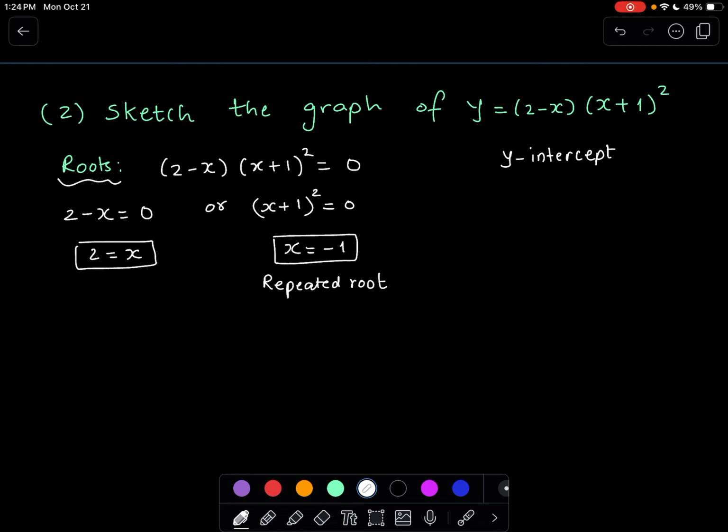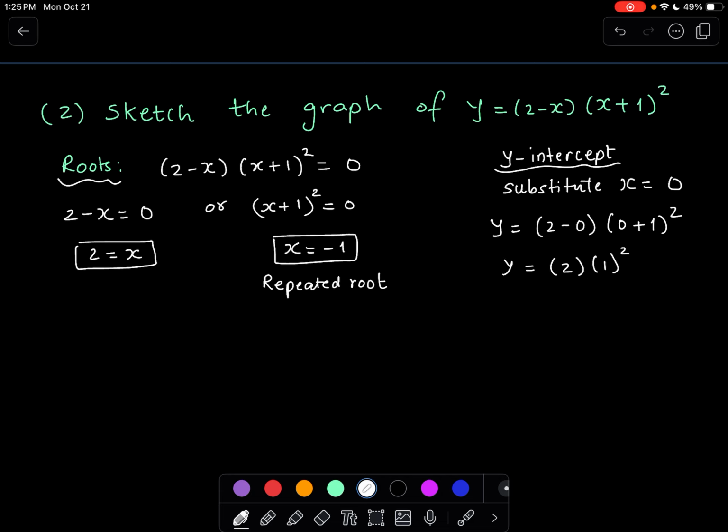To find the y-intercept, substitute x equal to 0. So you get y equal to 2 minus 0, 0 plus 1, that is 2 times 1 squared, which is 2.